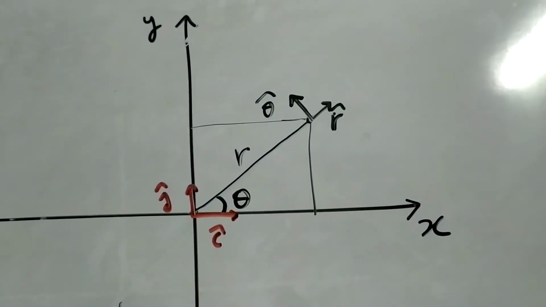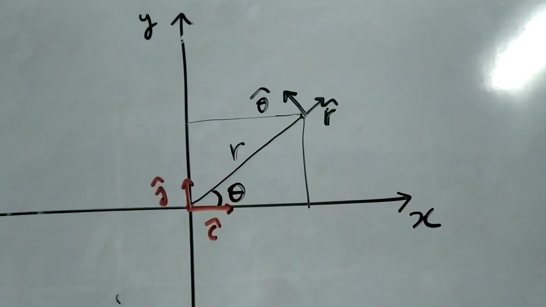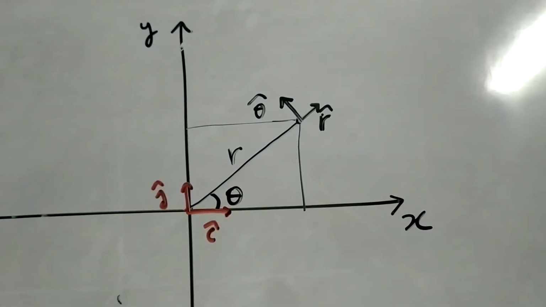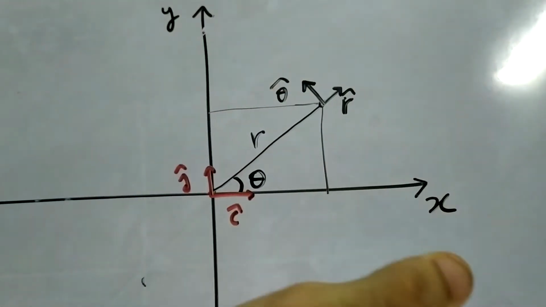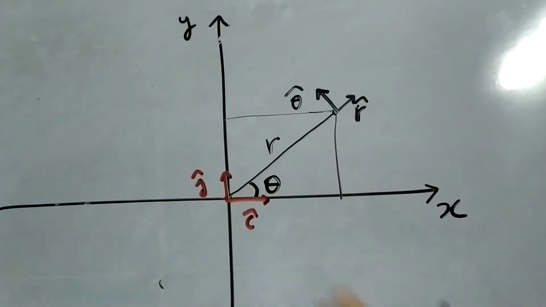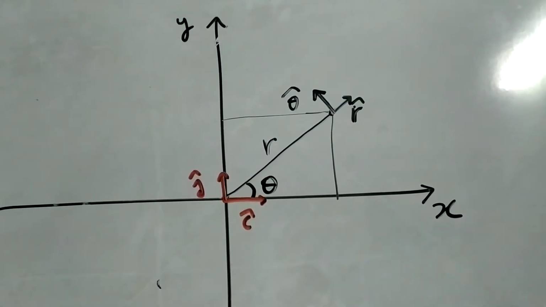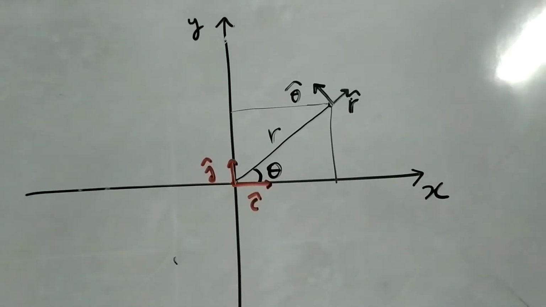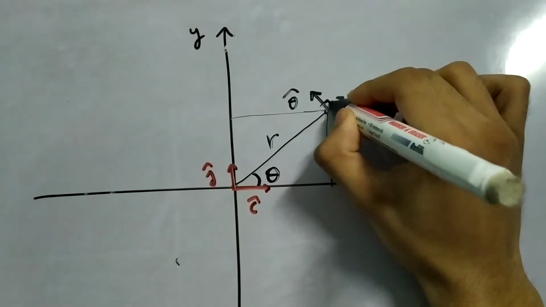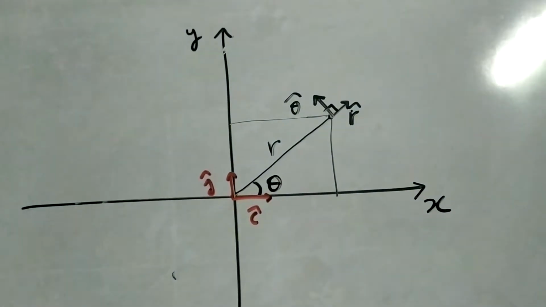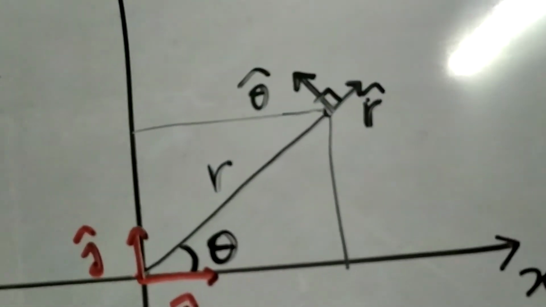So the unit vector in this direction is theta cap. The magnitude of how much it is angularly displaced from the x-axis is given by the theta component. And note that r cap is perpendicular to theta cap.